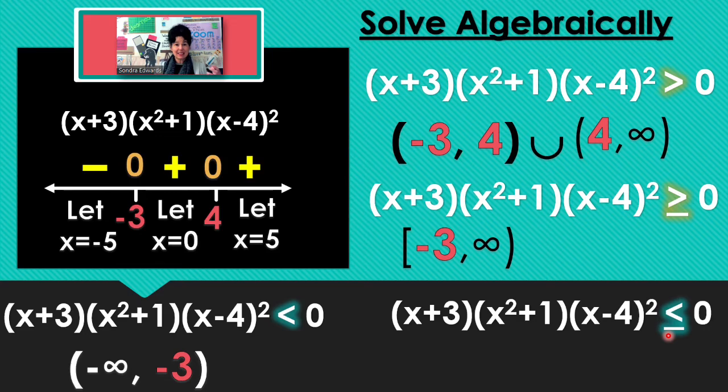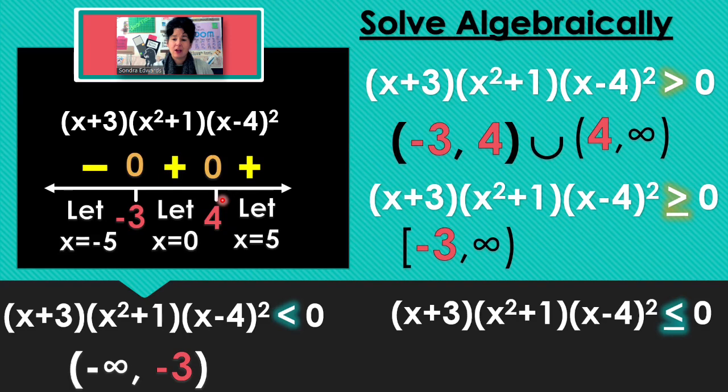So to be less than or equal to 0, numbers that are less than 0 are smaller than 0. Those are negative numbers or equal to 0. So we're looking for negatives and zeros. So let's look across from left to right. So from negative infinity until we get to negative 3, but negative 3 works because that equals 0.